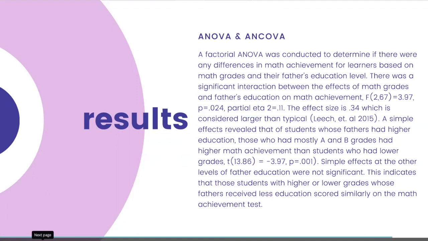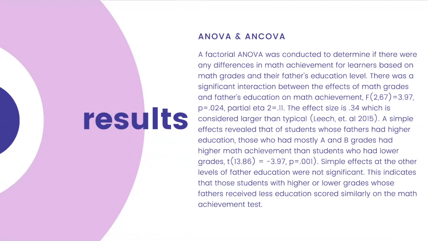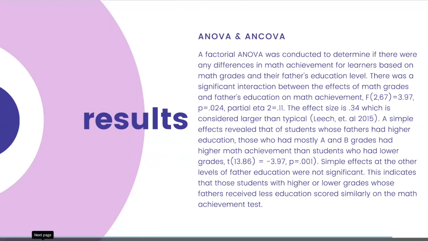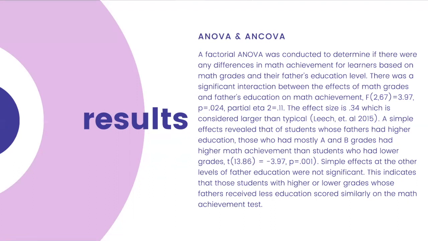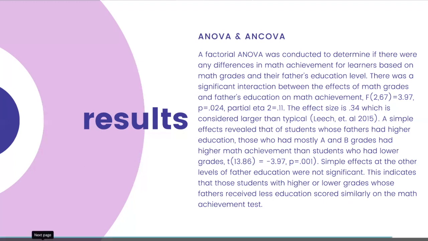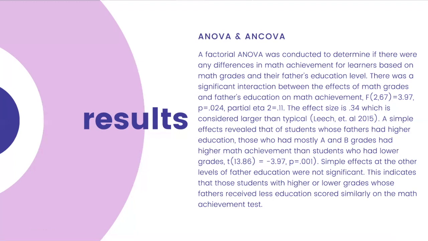So now we can confirm, yes, there's a statistical significance between our students who have fathers with higher education levels who are already scoring higher in their math grades. They are going to score higher on that math achievement test.